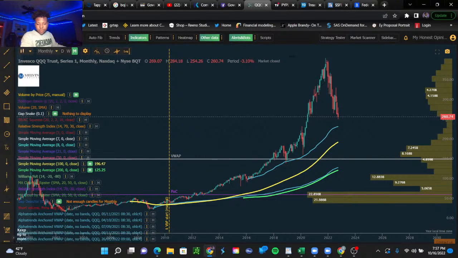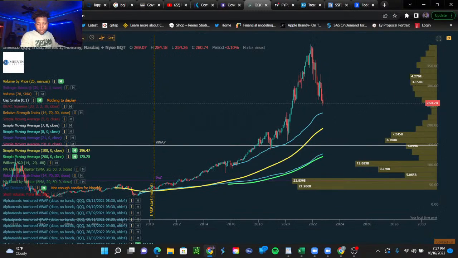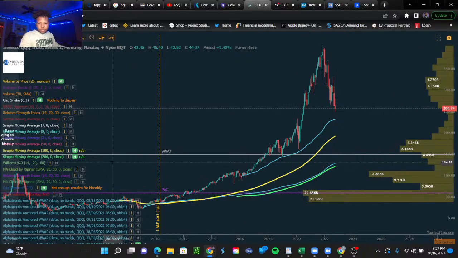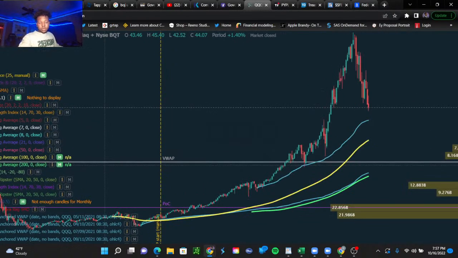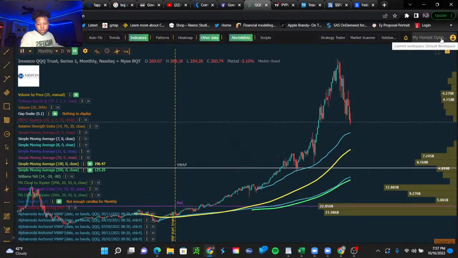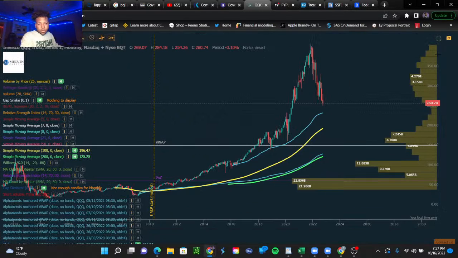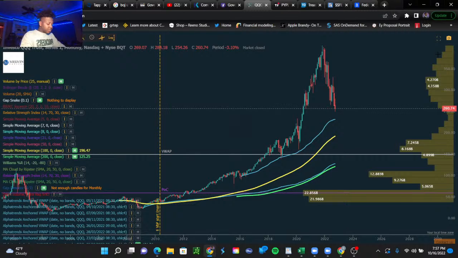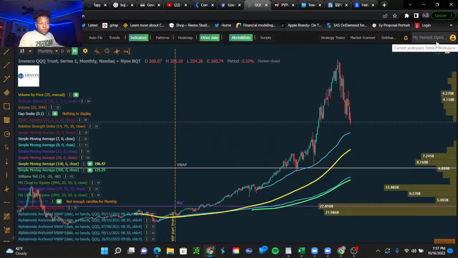That's so many blocks. It's not cooperating with me. Why is it not full screen?